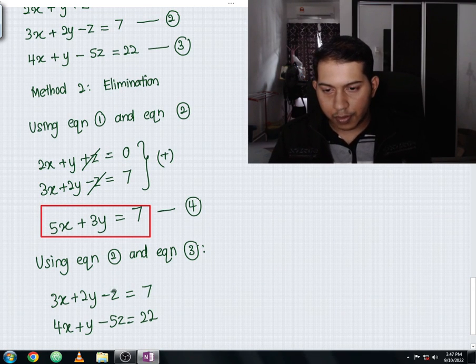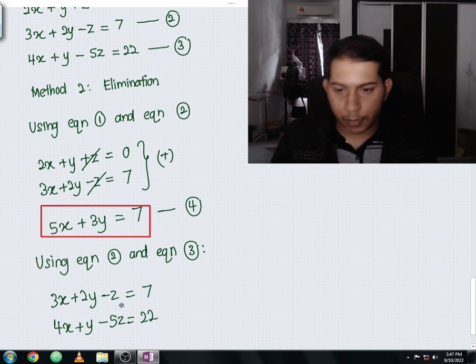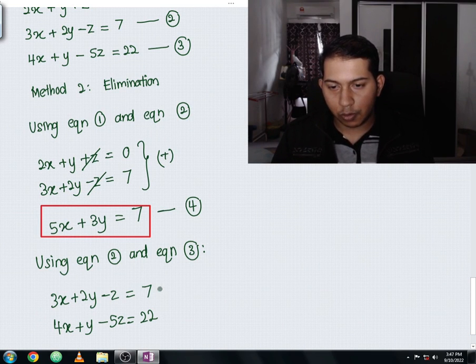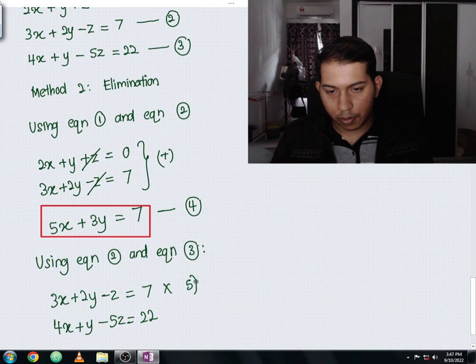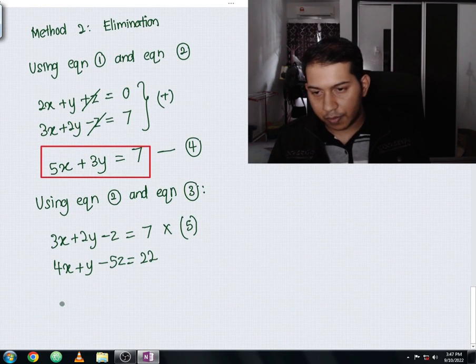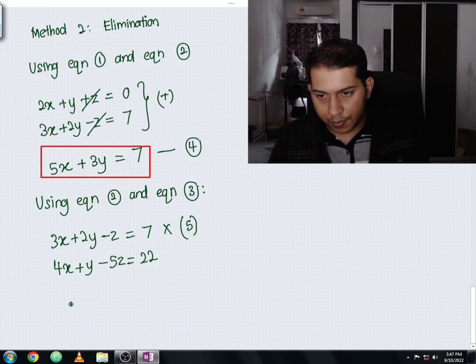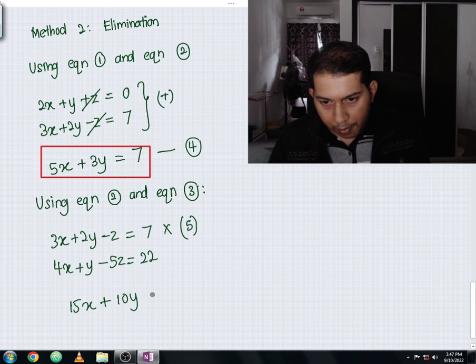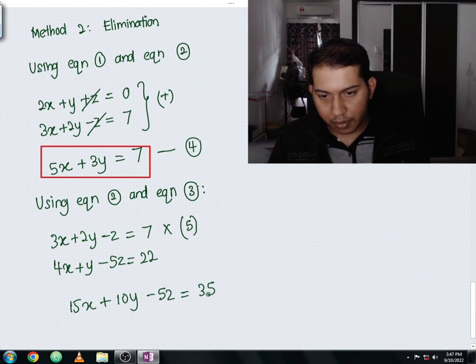So if you want to eliminate the z variable, there is only one possible way. You multiply the whole equation by 5 in this case. This equation, you multiply the whole equation by 5, and then continue with the next step. So 5 times 3 is 15x plus 10y minus 5z equals 35.